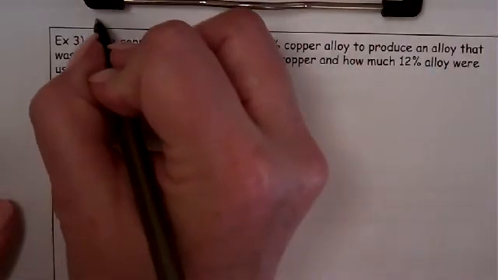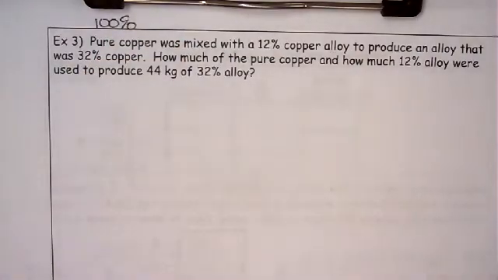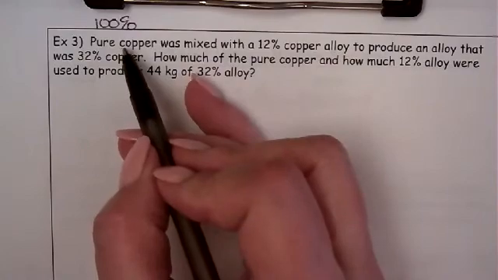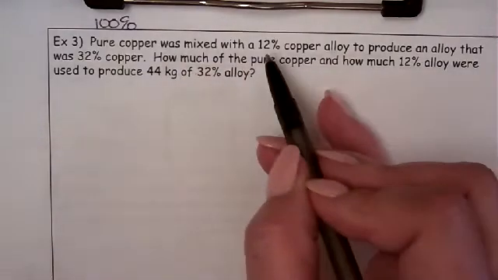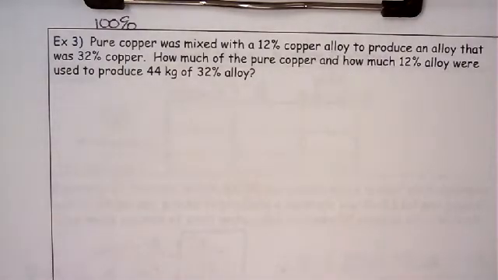If they say pure, what they're referring to is 100%. It's not mixed with anything. That is nothing but a pile of copper. Okay? Now, notice they're going to mix that 100% pile of copper with a 12% copper alloy. The word alloy just means that it is not pure, that it is mixed in with something else.